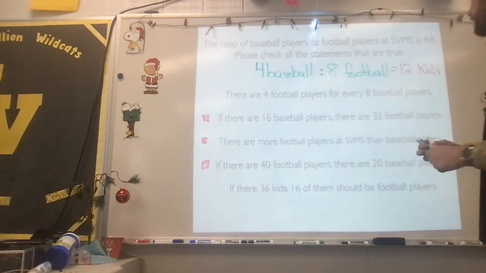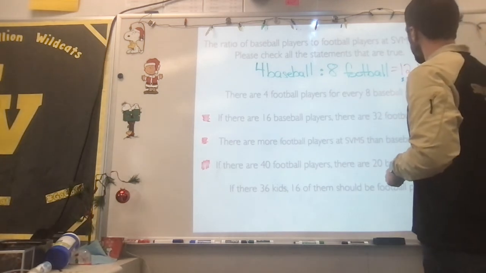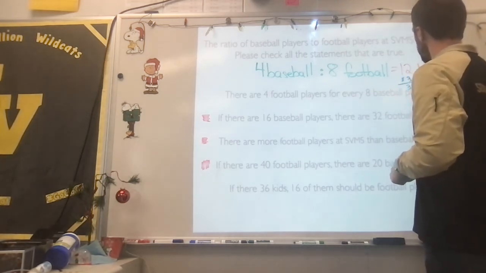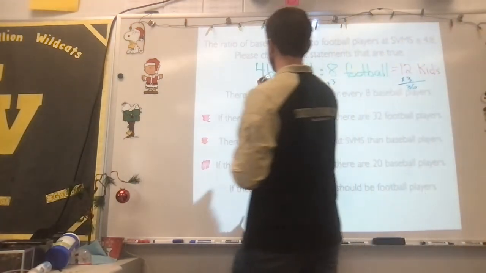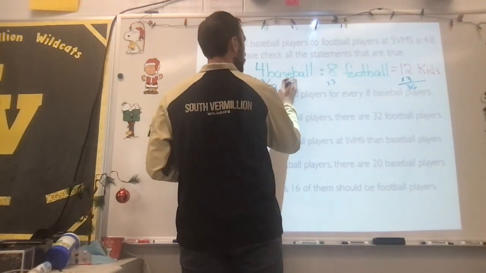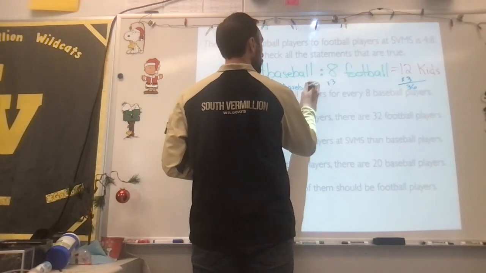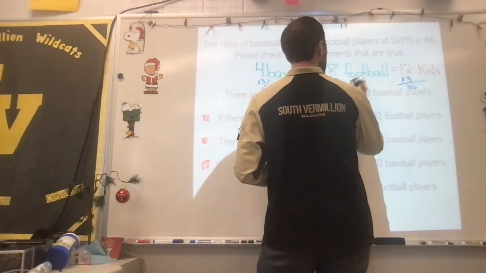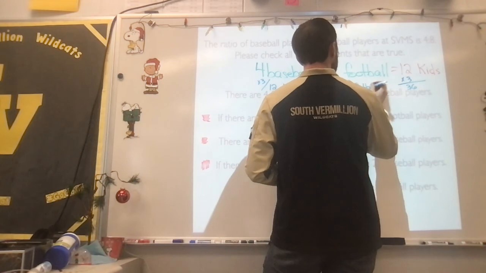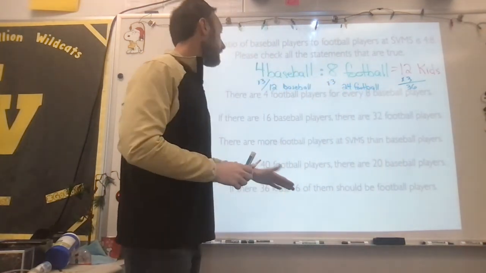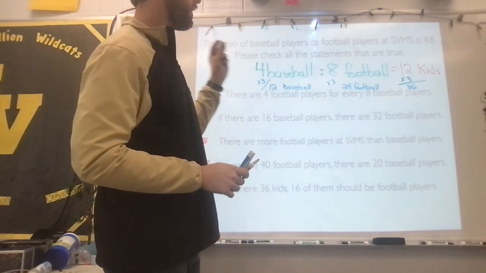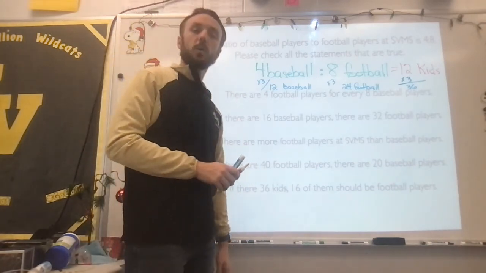How does 12 become 36? By multiplying it by 3, you get 36. If I multiply this one by 3, I have to multiply it all by 3, times 3, times 3. That'll give me 12 baseball and 24 football. And let's check that back to our original statement. It says if there are 36 kids, 16 of them should be football players, and not quite the case.